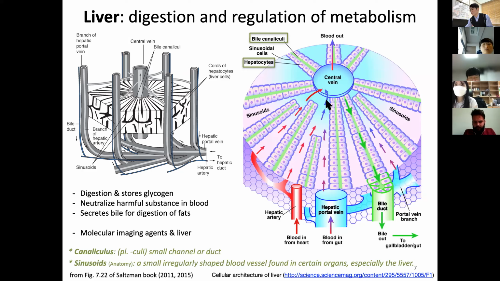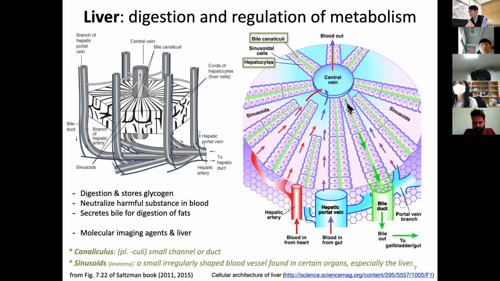At the same time, the liver produces waste product, and that waste product can also be converted into content which is good for your digestion, and that's called bile.